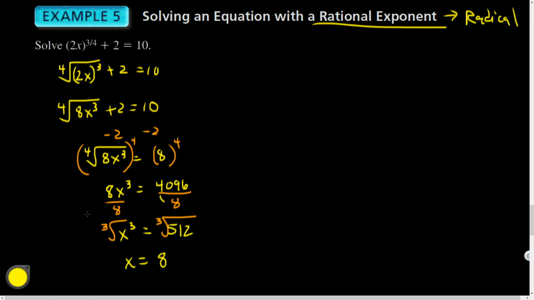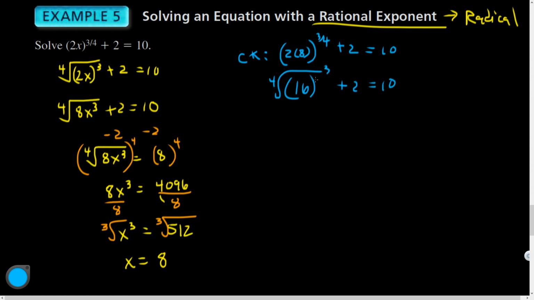We technically have to do a check. You can fast forward the check parts if you need to at this point. So 2 times 8 to the 3/4 power plus 2, is that equal to 10? 2 times 8 is 16 to the 3/4, or let's write this as the fourth root of 16, cubed.